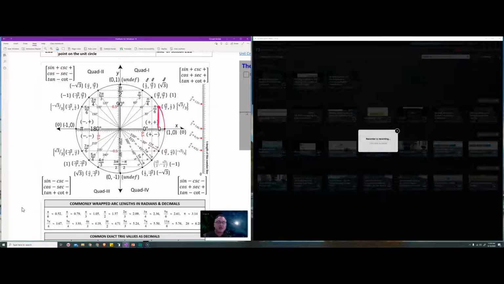That's what sine is. When I do the cosine of some number t, now I'm finding the length of the segment that runs along the x-axis that takes me to that point. So the sine is the y-coordinate, and the cosine is the x-coordinate.